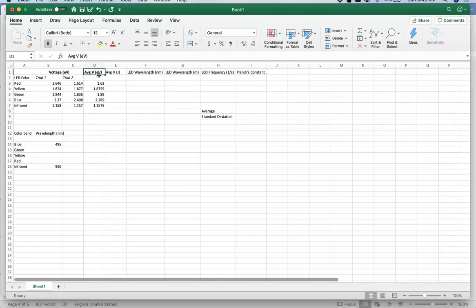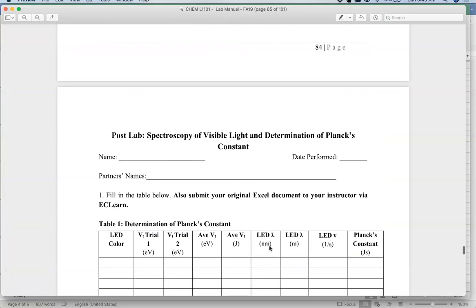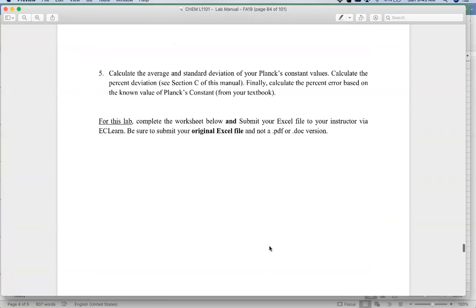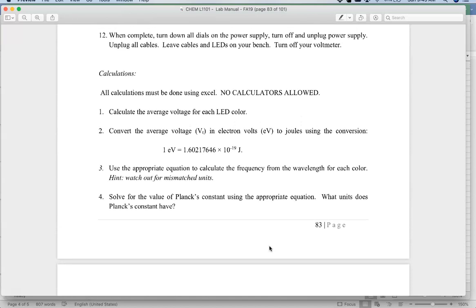So let's move on to average voltage, but now converting into joules. What I'll need to find then is actually a conversion factor. So where are we going to find that? Well, we're going to find it in our lab manual. So we'll need to go through and find our conversion factor.